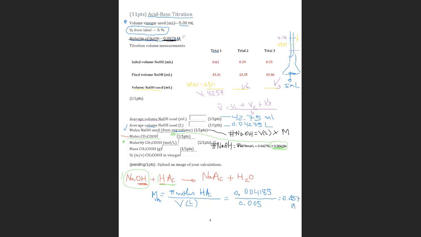Very good. We did this part, and then they ask for the mass of the acetic acid. That is easy because you have the moles. Every time you have the moles and you want to convert moles of something into grams of something, you use the molar mass.